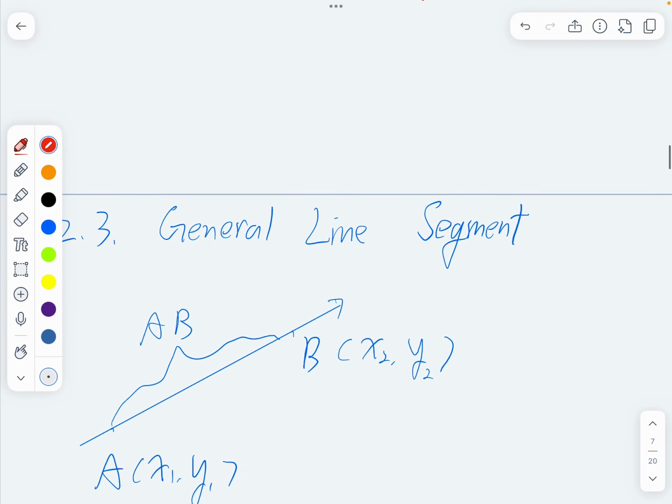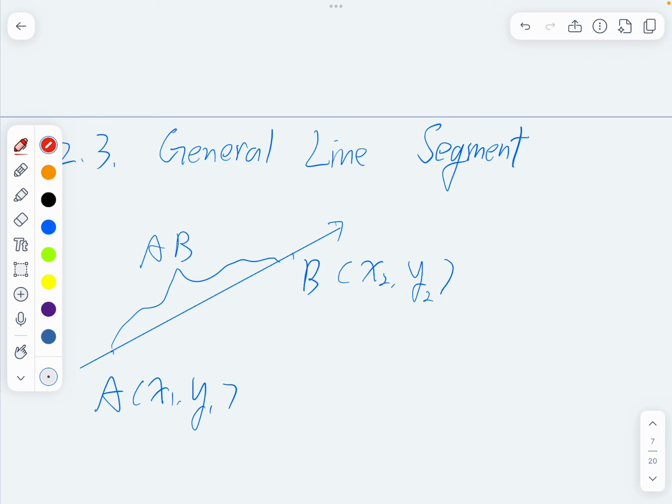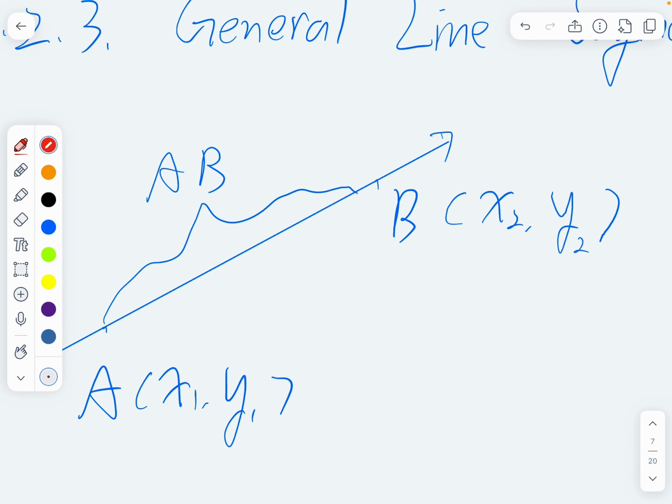Now let's talk about the slanted segment. First, we need to make a right triangle. Add point C. So the C point is (x2, y1).